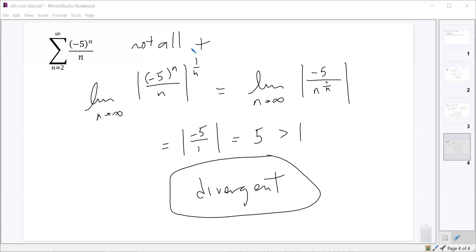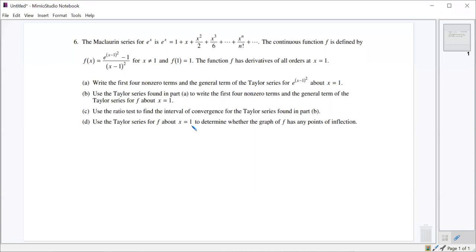So here is the first one that we're going to look at. Can you guys see that one? Yeah. All right.